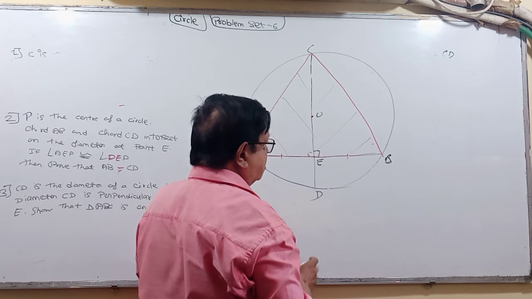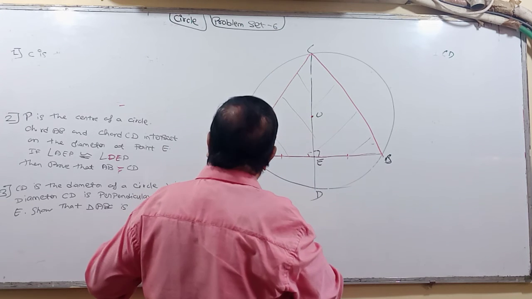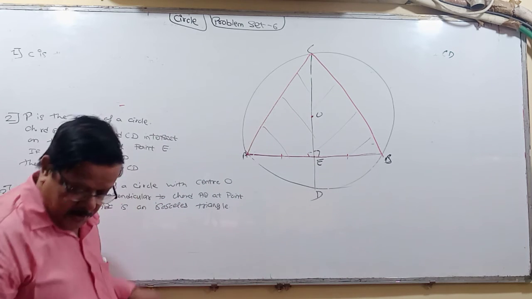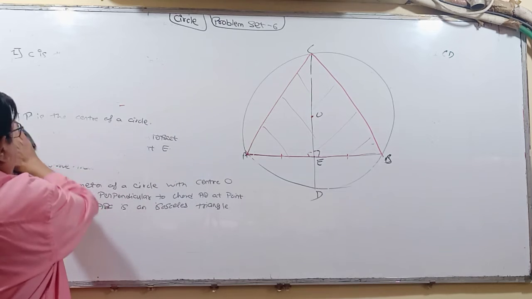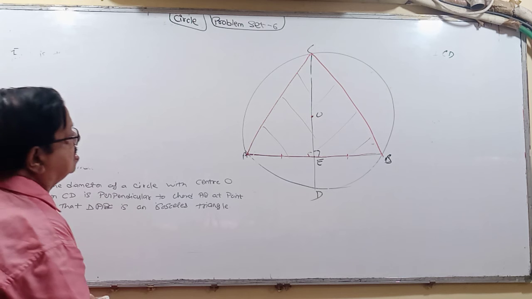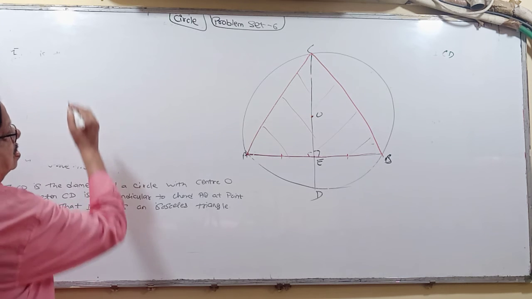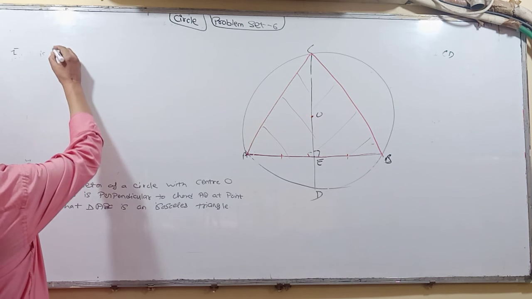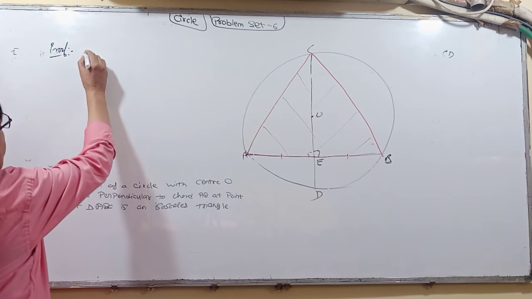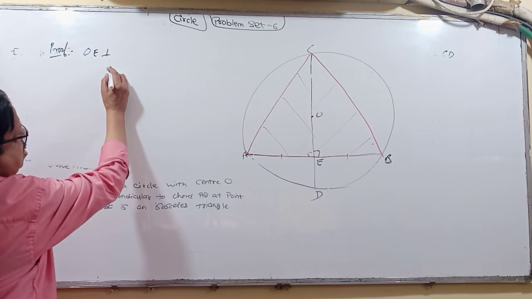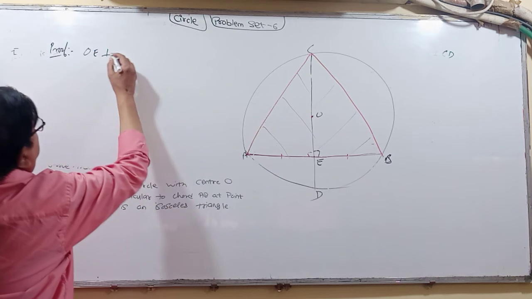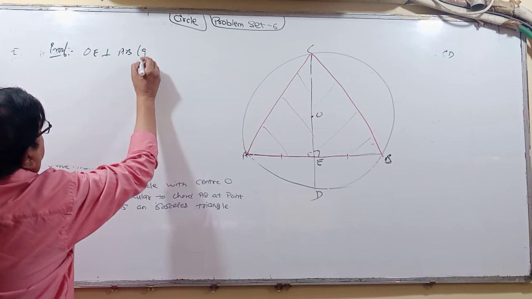So I will write the proof for you very nicely. I remove this. I can write from the top. Proof: OE perpendicular to AB, given.